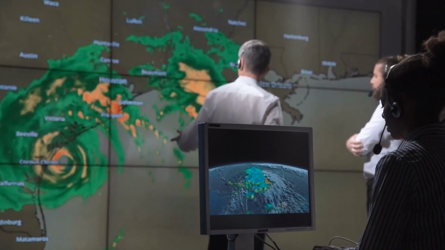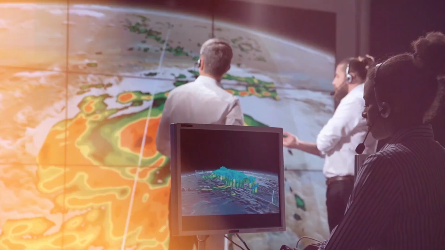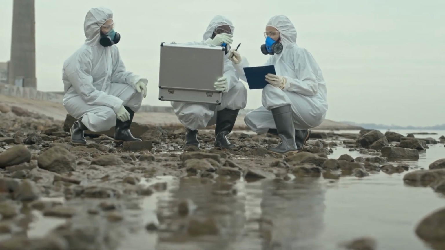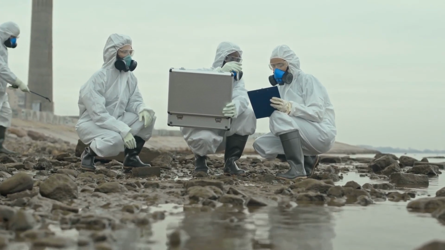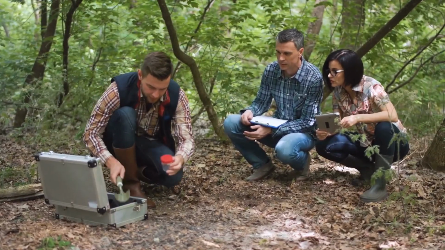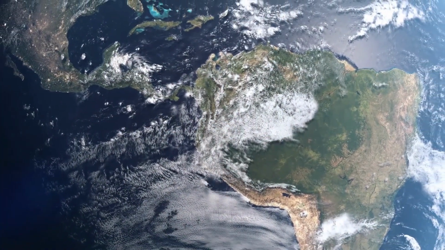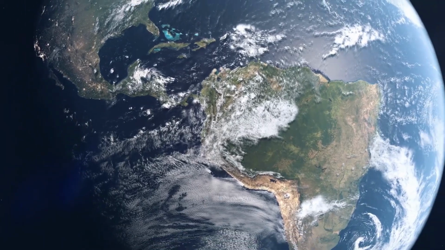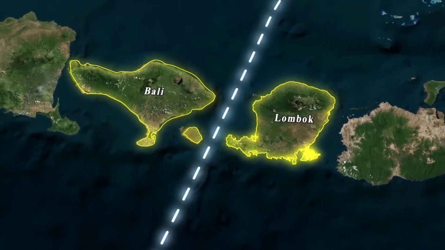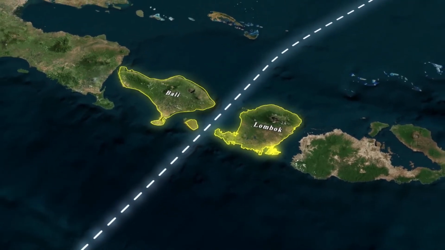Scientists use the Wallace Line to identify areas with distinct ecological value. It serves as a reminder that some places require special attention because they house unique species found nowhere else. As we work to conserve these habitats, the Wallace Line remains a powerful symbol of what makes each corner of our planet extraordinary.